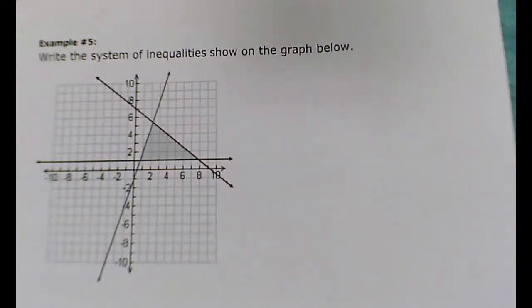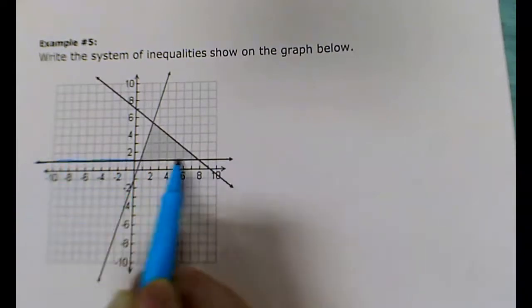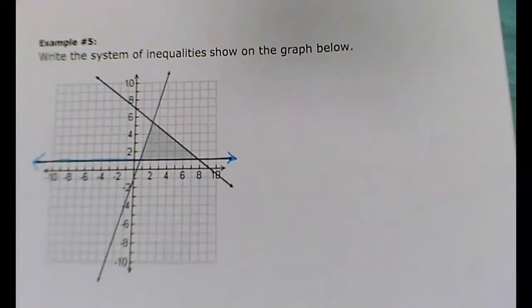This one is already shaded for you, and you have to write down the equations. The other problems gave you equations, you made the graph. Here's the graph. What were the equations? So, let's start with this line right here. This line right here is horizontal.